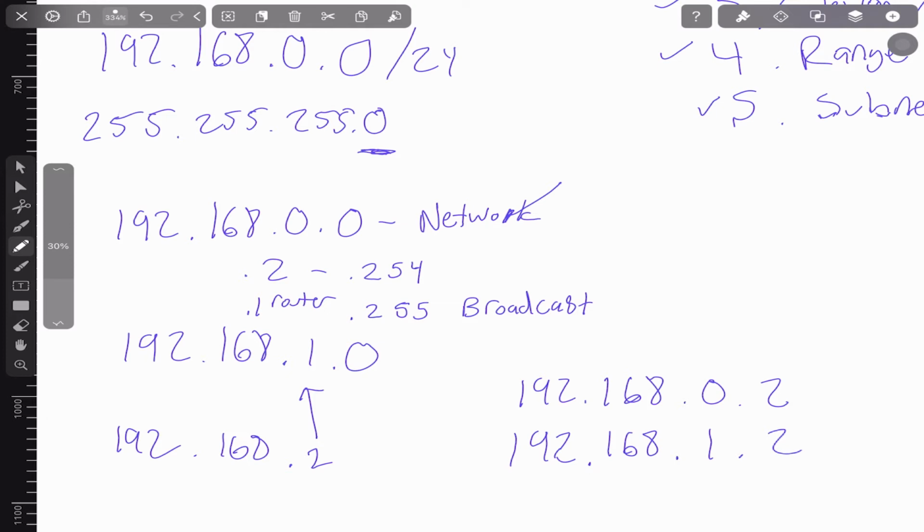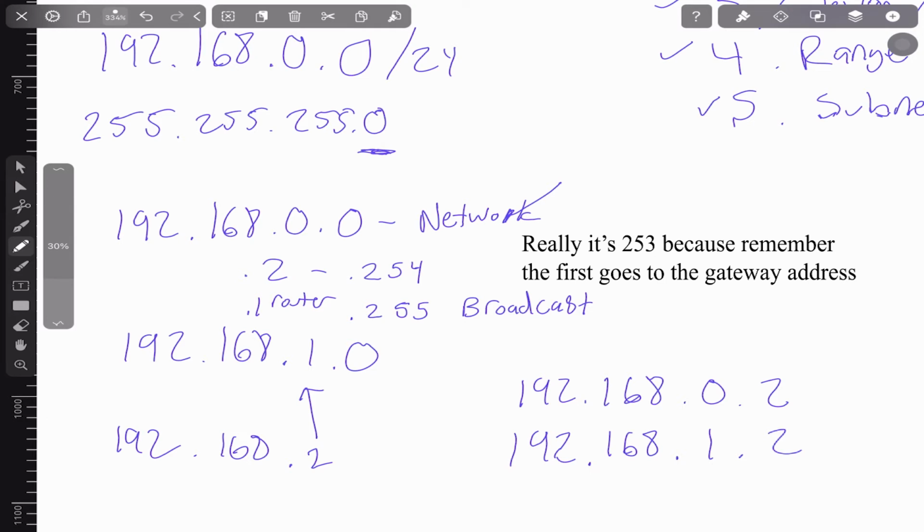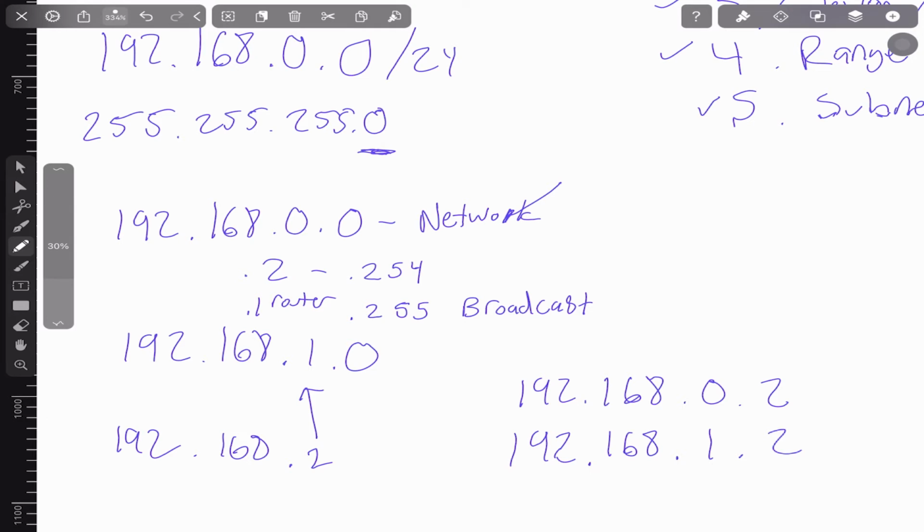So that's subnetting, and with a /24, you can have as many different networks as you want, with the amount of hosts that you can use on that network being technically, I think, 253, or 254, because the first one's going to go to the router and then the last one's going to go to the broadcast.